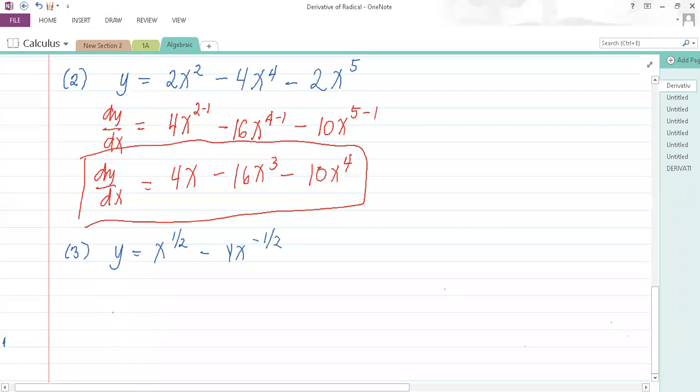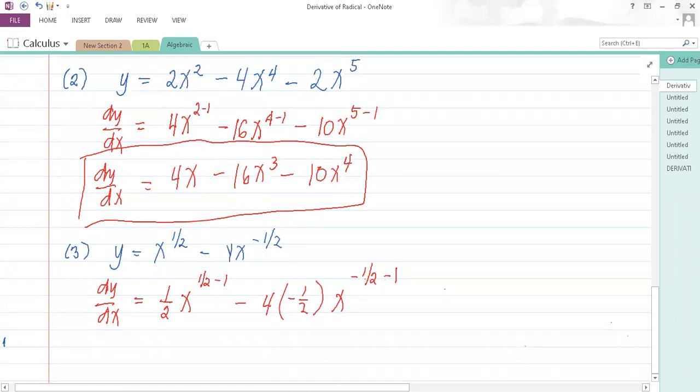Okay, so our derivative here, dy dx, this is equal to, baba natin yung 1 half. Wala tayong i-multiply, kaya 1 half x. Okay, so 1 half minus 1. Okay, minus 4 times negative 1 half. Okay, so negative 1 half. Okay, so we have x raised to negative 1 half minus 1.